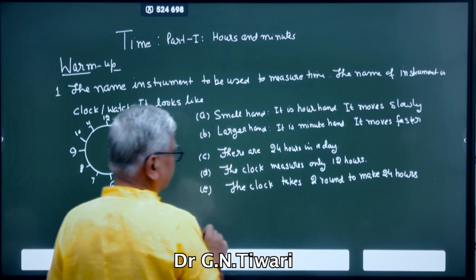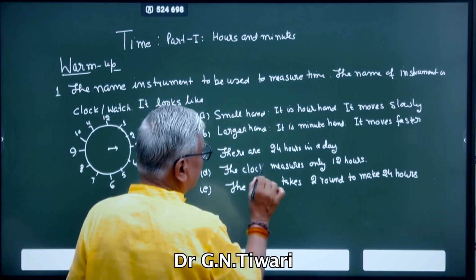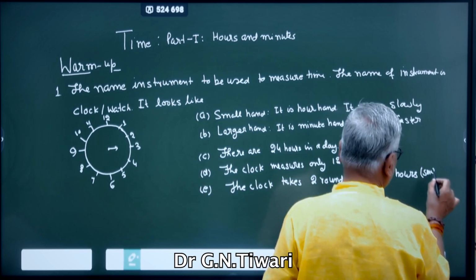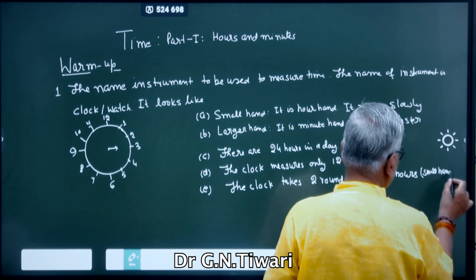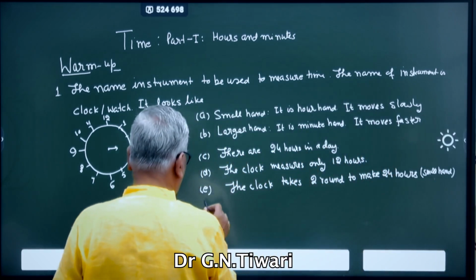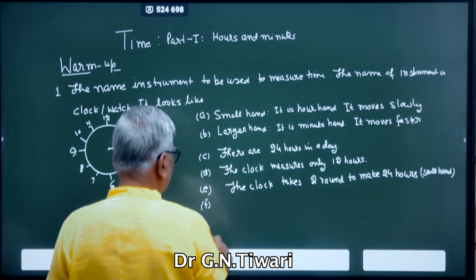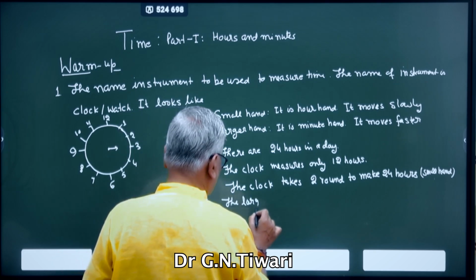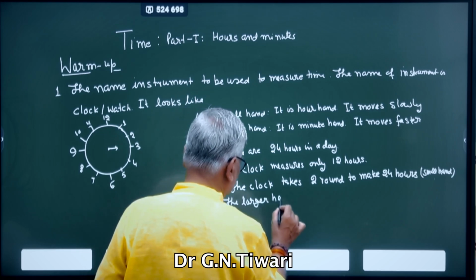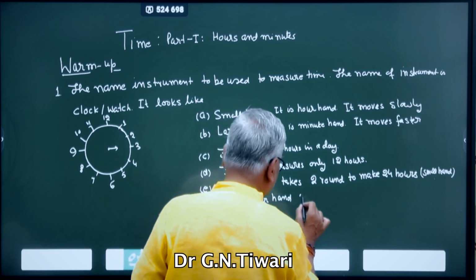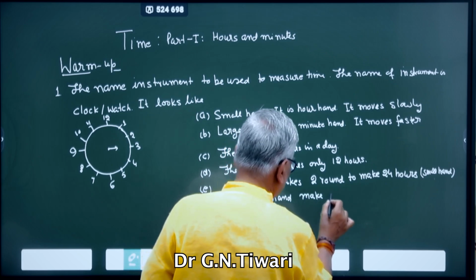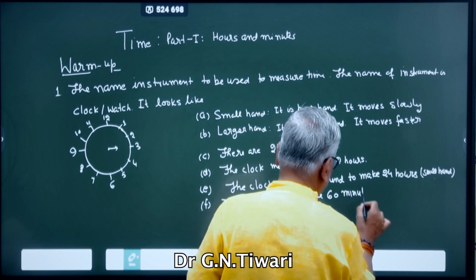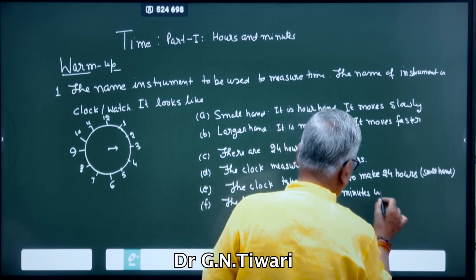The clock means the small hand. I am also putting here small hand. Now F: the larger hand makes 60 minutes in one round.